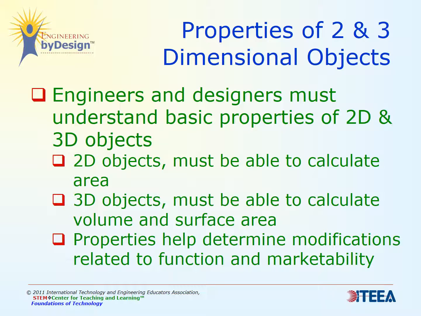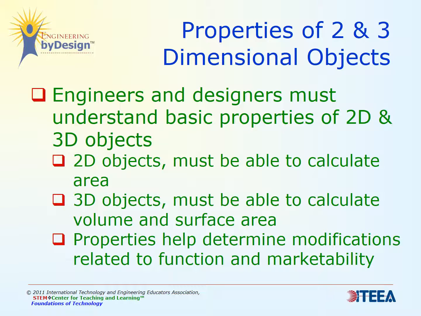We're going to look at properties of 2 and 3-dimensional objects, because when you're drawing, some things you'll draw in 2D, other things you'll draw in 3D. Engineers and designers must understand basic properties of both 2D and 3D objects.